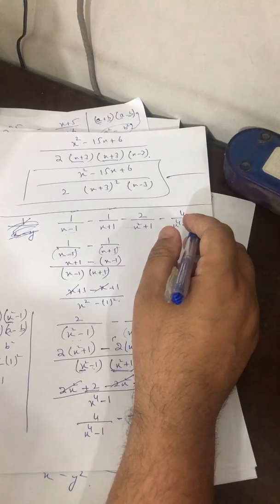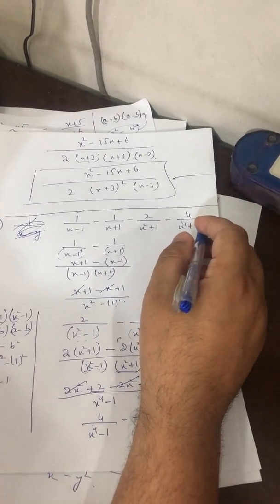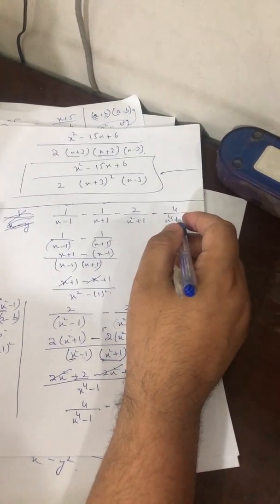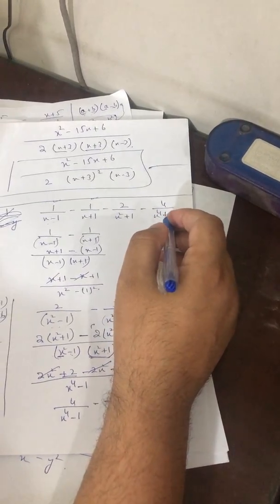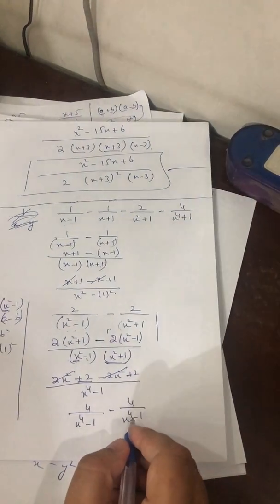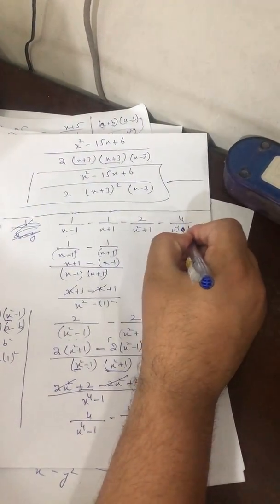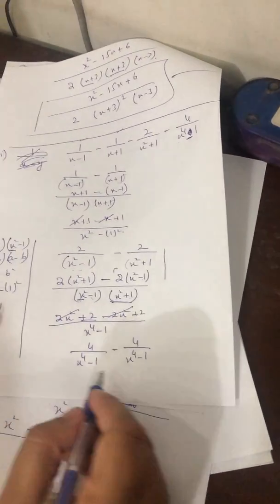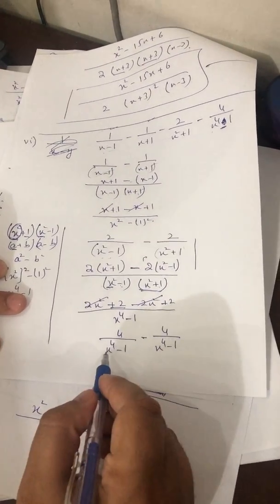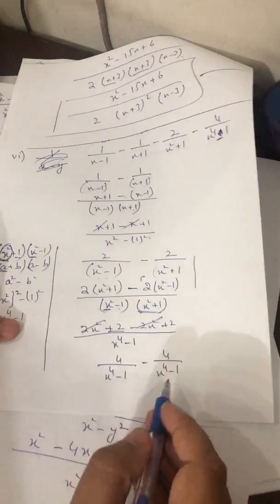Just a minute. There should be positive 1, positive 4, not negative. Okay, sorry, there is negative, so I will keep it negative. My mistake. So again the denominators are the same, x⁴ - 1 and x⁴ - 1.